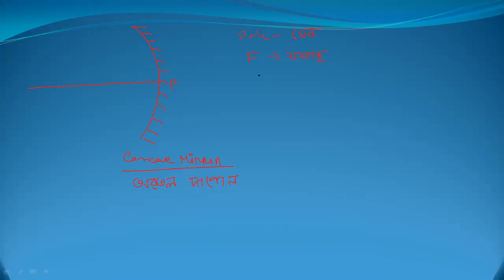Then C is the center of curvature, and R is the radius of curvature.